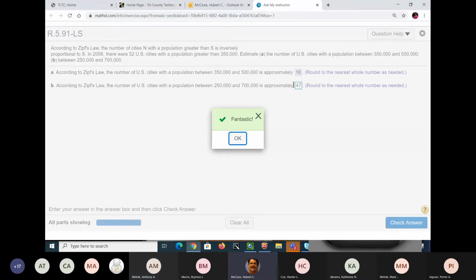I can't tell you why it doesn't work for part B, but I can tell you if you take 52, and this is kind of hard to see because I can't see what you're doing on paper. Okay. 52, and you multiplied it by 500,000 and divided by what? 150. The difference between the population size.